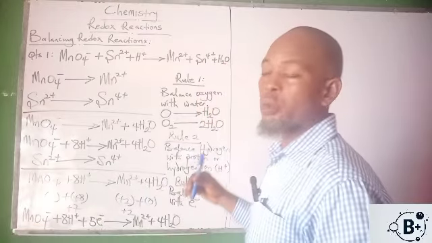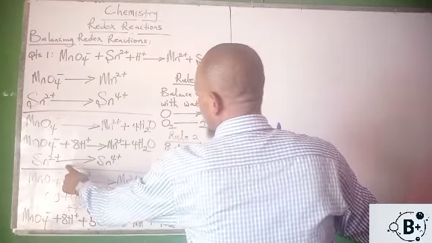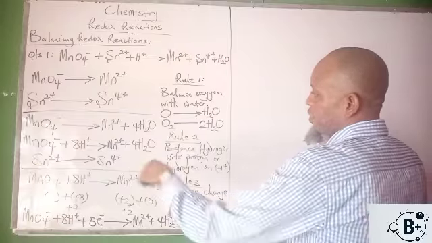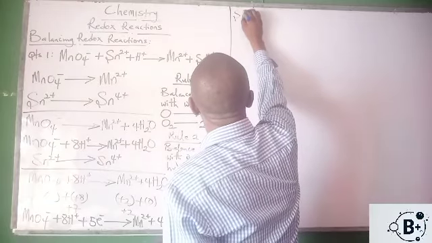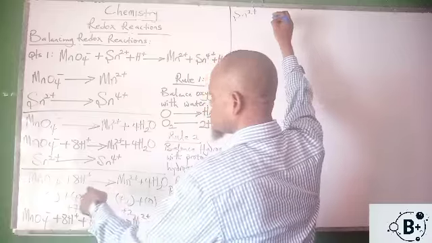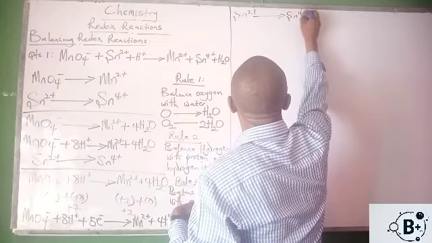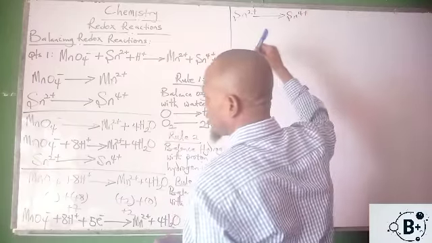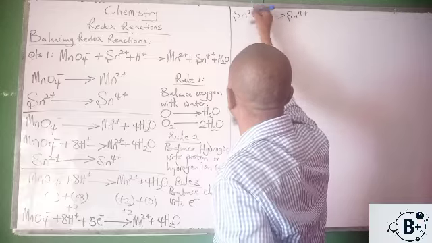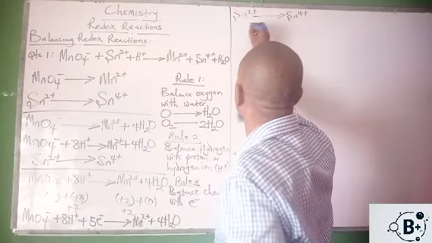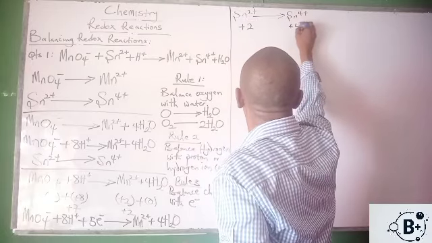Then we move on to the next part, which is to consider the oxidation half. The oxidation half is tin: Sn2+ giving us Sn4+. The charge on this side is just plus 2, and this side is just plus 4.